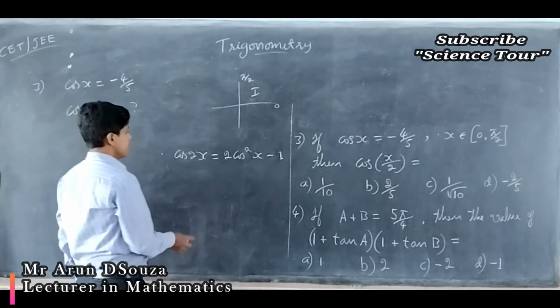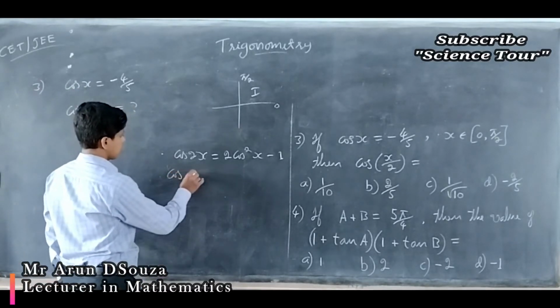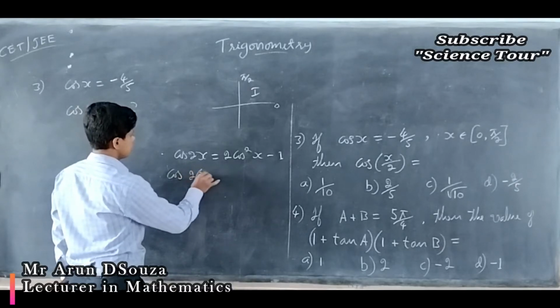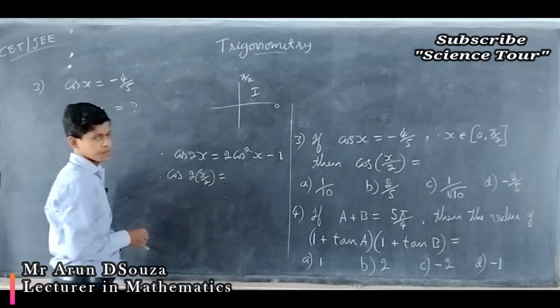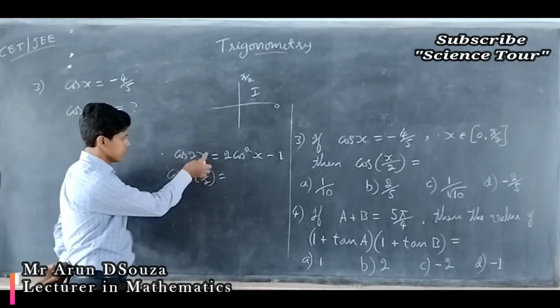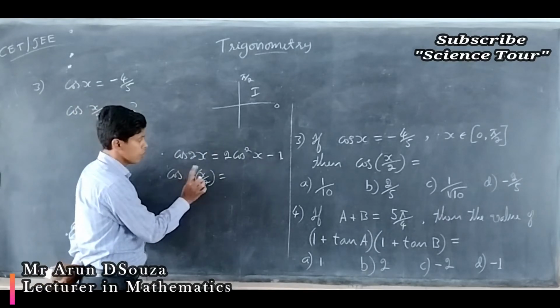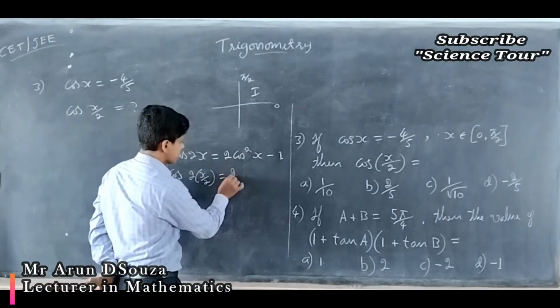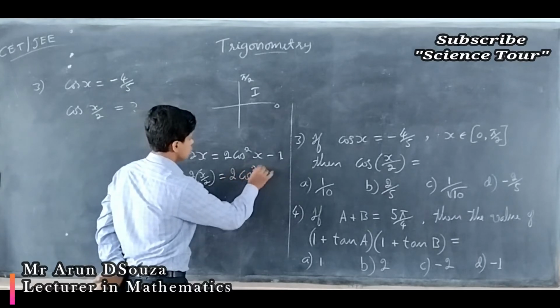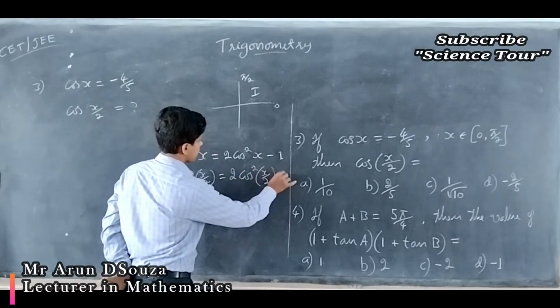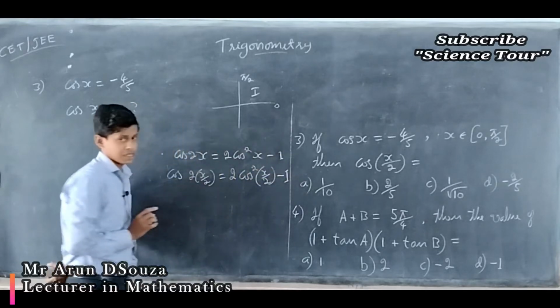Well, next, what is cos 2 into x by 2? Yes, so now in place of x you have got x by 2. Therefore, in place of this x also you have to write x by 2, and that minus 1 as it is.